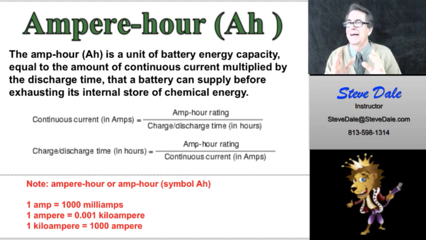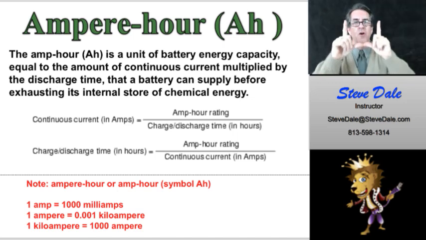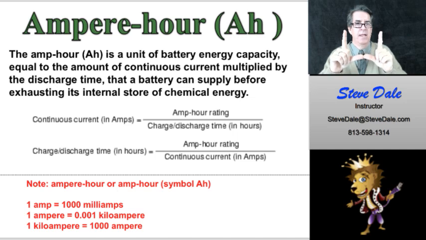A battery has a certain amount of current in it, okay? And that's based on how much it can supply in 1 hour, all right? That's called amps per hour, amp hour.